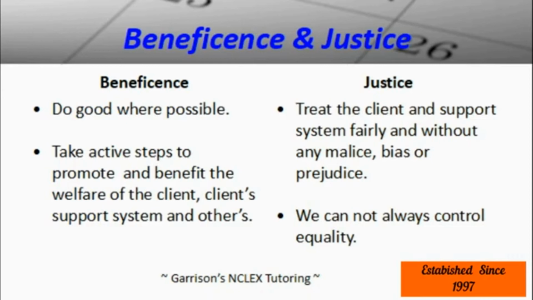In this case, the answer would have been justice, right? Because we're supposed to treat the client and support system fairly without any malice, bias, or prejudice. So the staff's attitude towards the client would fall under the ethical principle of justice. This is the end of the NCLEX alert.